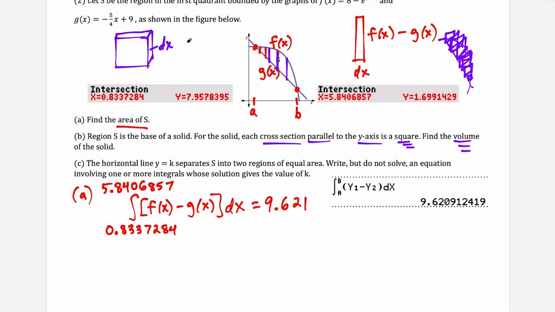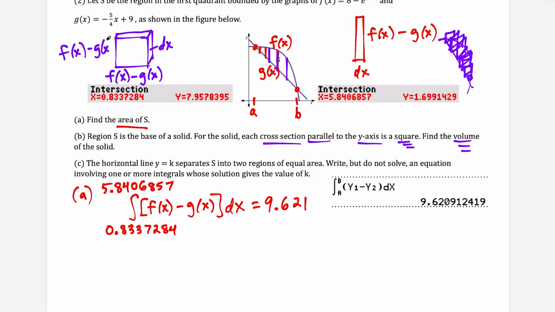The distance between these 2 points here we're going to say is f of x minus g of x, so we're repeating that top minus bottom concept. So f of x minus g of x tells us the length of any one of these cross sections. But we're turning these cross sections parallel to the y-axis into squares, so the height of the square we could also call f of x minus g of x.